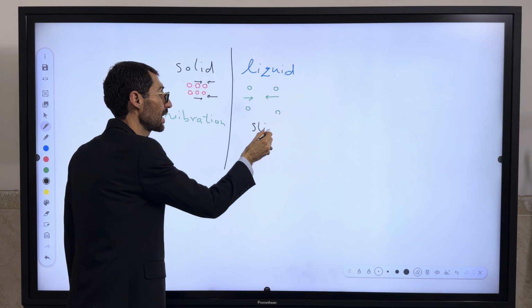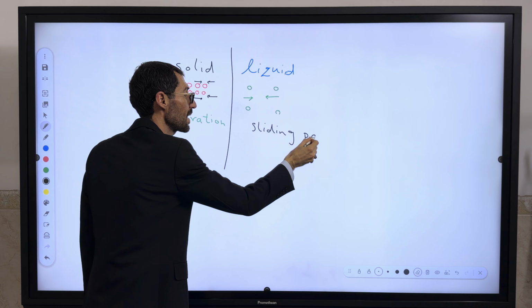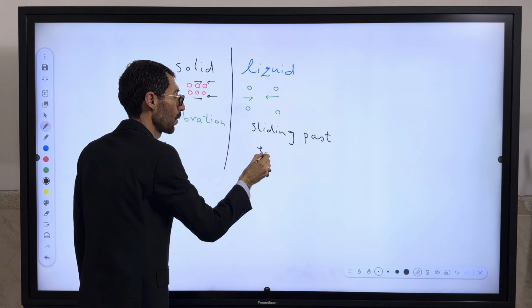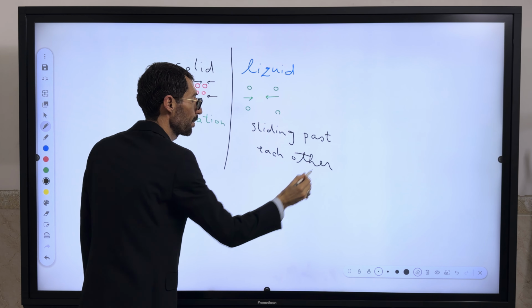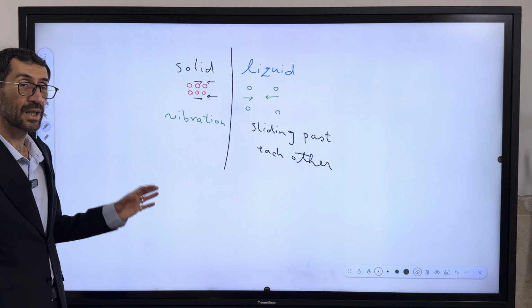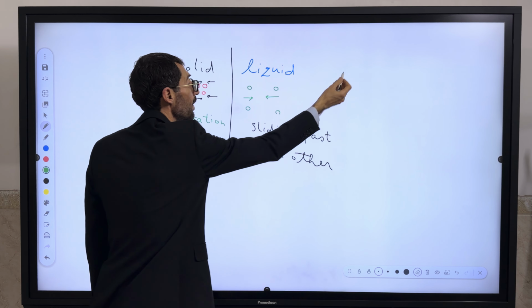Particles are just sliding past one another. This is about the properties of liquid particles. What do you say about the properties of gases?